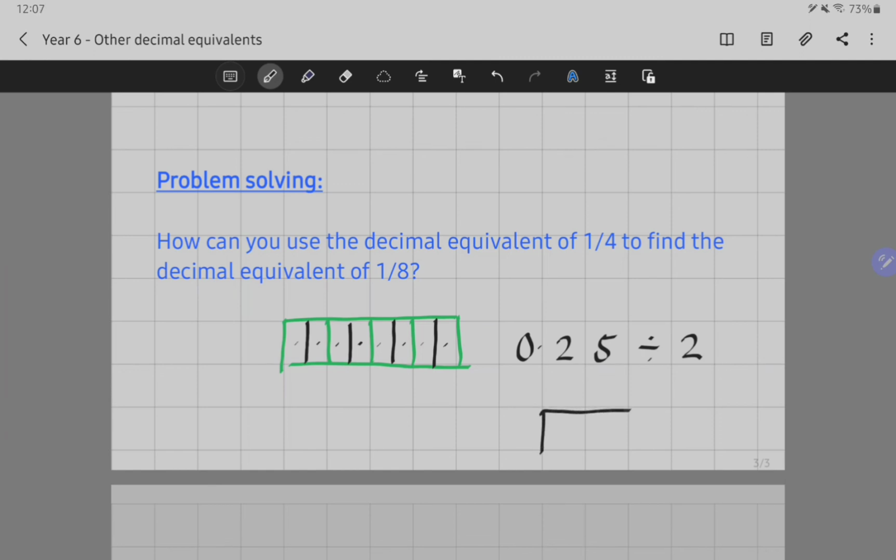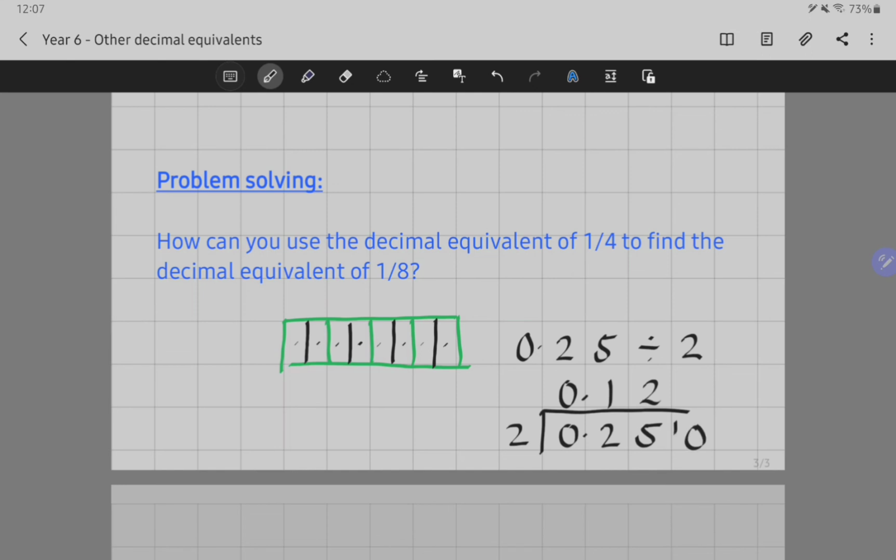So 0.25 divided by 2. 2 into 0 doesn't go. 2 into 2 goes once. 2 into 5 goes twice, and I've got 1 left over. So I'll pass that on.